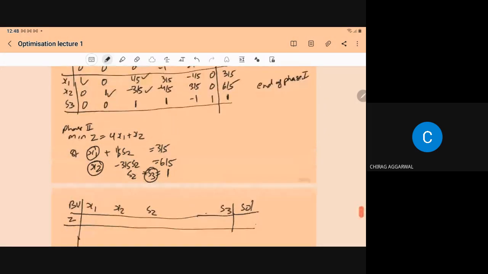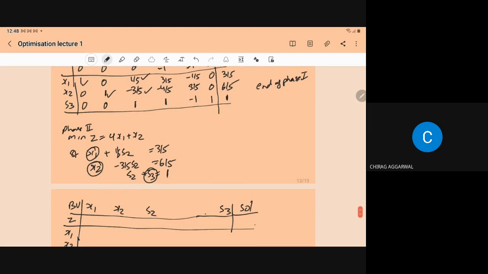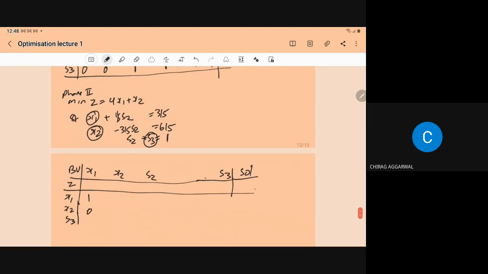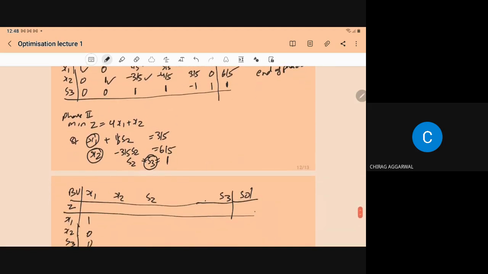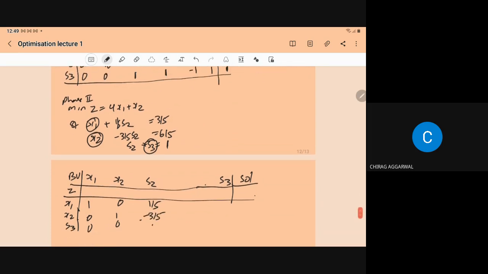Whatever the optimal table of phase 1, you repeat this: 1, 0, 0, 0, 1, 0, 1 by 5, minus 3 by 5, and 1.